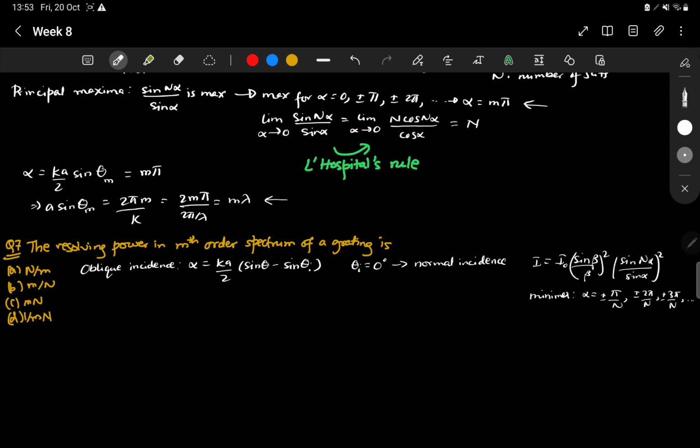This is when sine n alpha goes to 0. That's when you see minima.